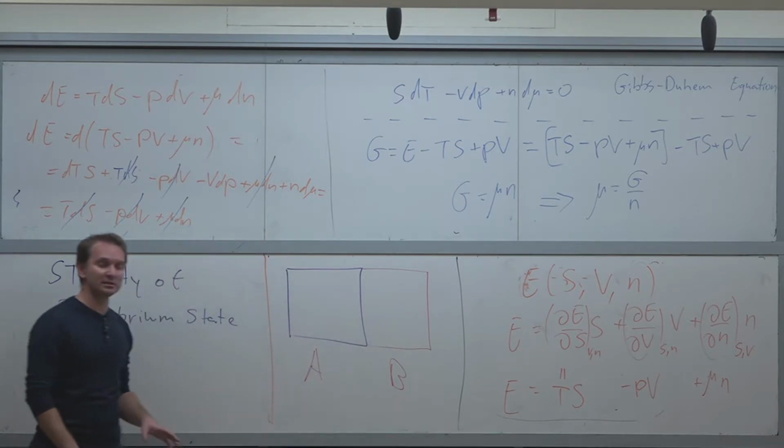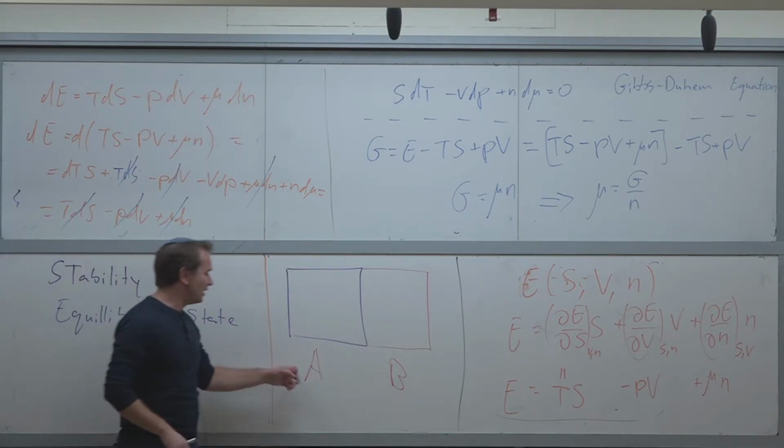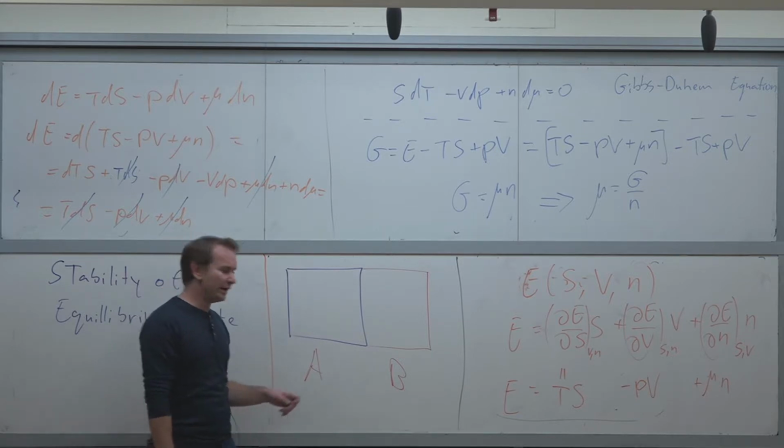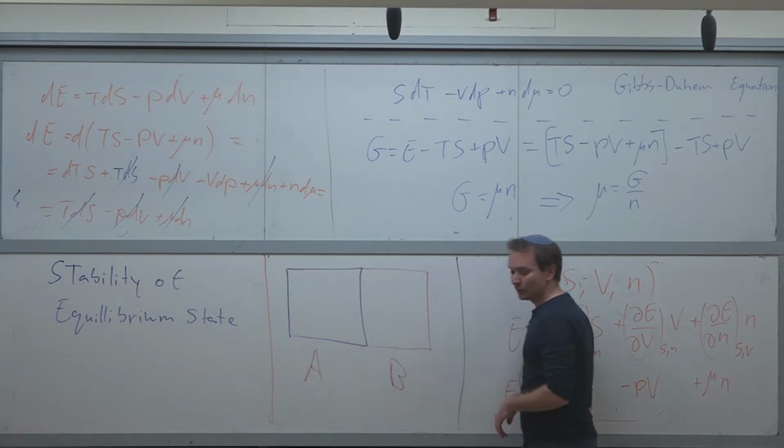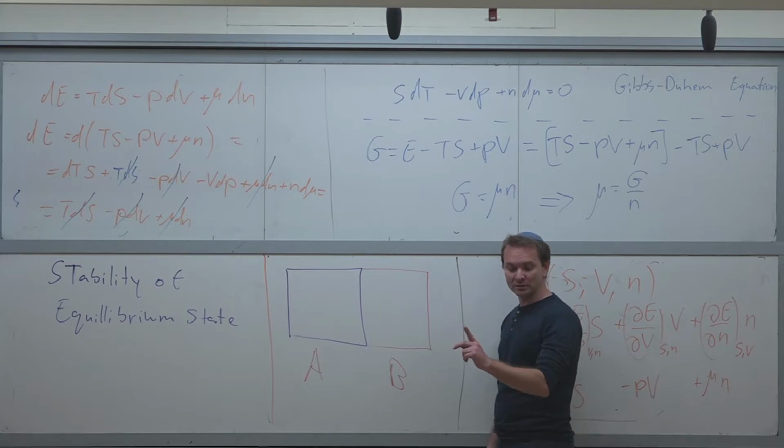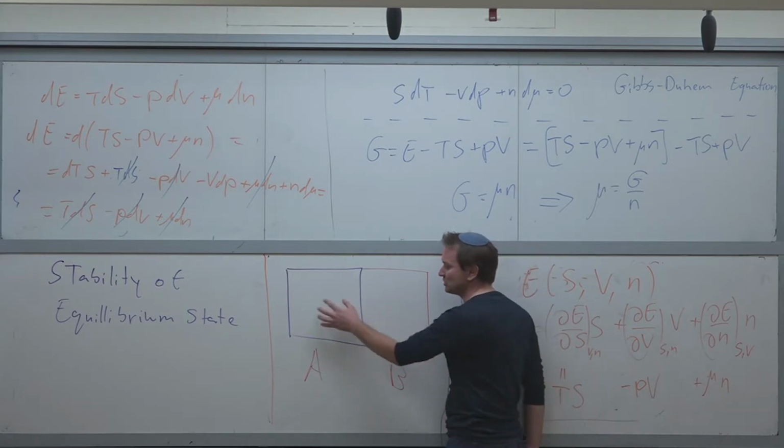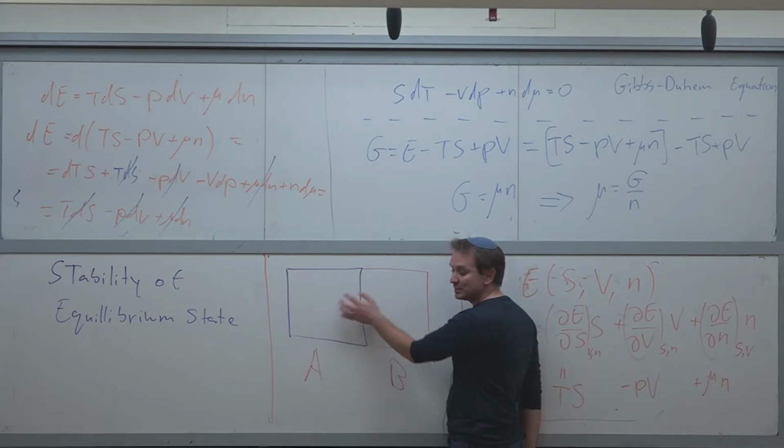What I mean by keeping the system in equilibrium is that I don't want system A to grow, and I don't want system B to grow. I don't want to see macroscopic flows of energy from system A to system B, or vice versa.